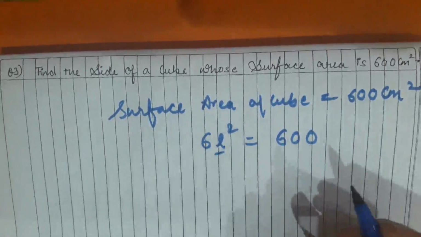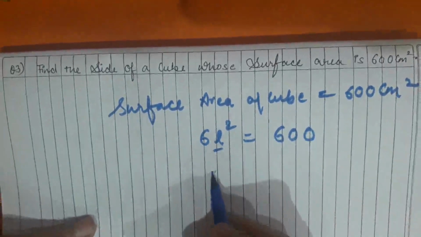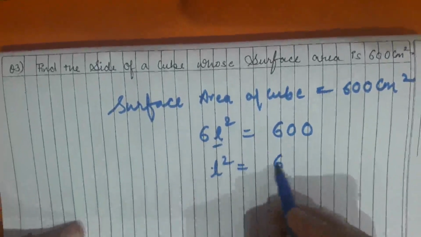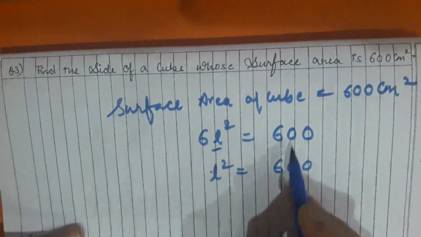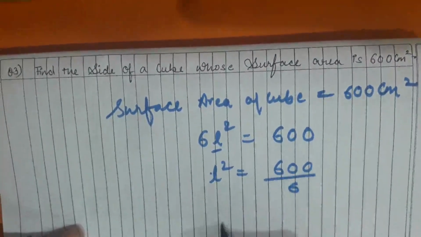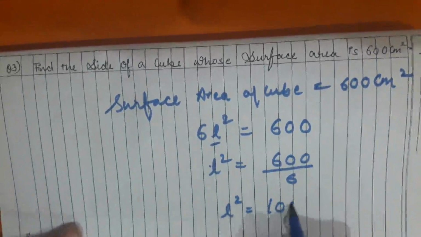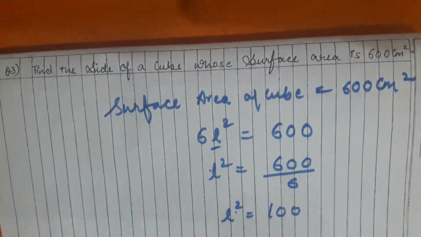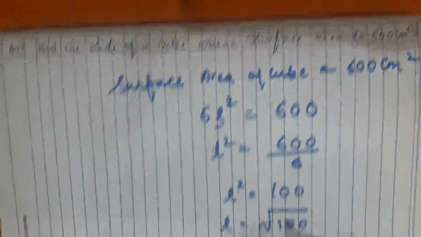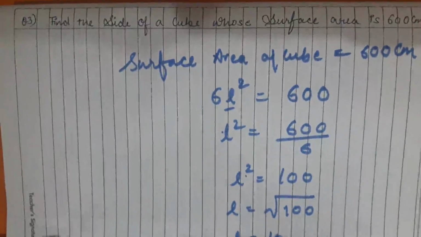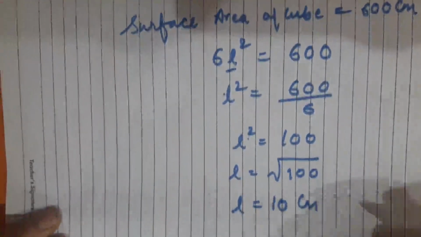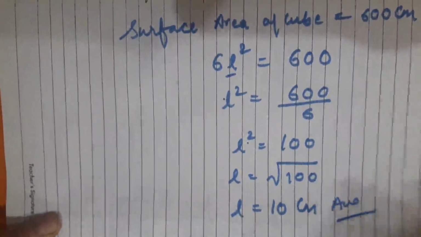So L we need to calculate. L square remains here, 6 goes down to the right side. L square is 100. So this square converts into square root on the right side. L is 10 centimeters. So this will be your answer.